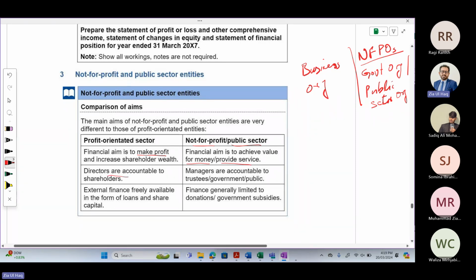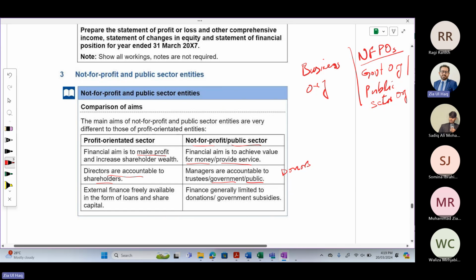Business organization directors are accountable to shareholders, because who are the owners of business organizations? Shareholders. While for not-for-profit organizations, who are the owners? The government, the public who are funding these organizations through their taxation, or the donors who are providing donations to run these not-for-profit organizations.